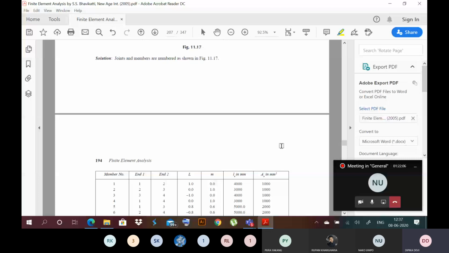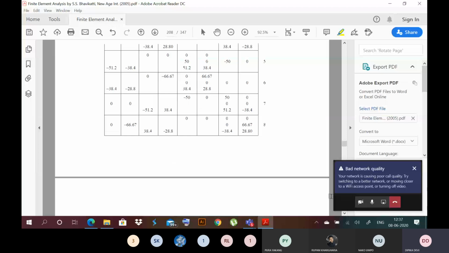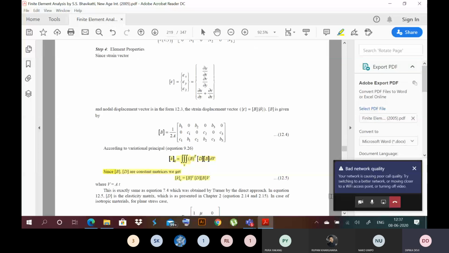Just what is the isoparametric concept. Let me see where it is. For plane strain I have already discussed the derivation of the shape function for the constant strain triangle. So the K matrix I will not derive, it will take lots of time.